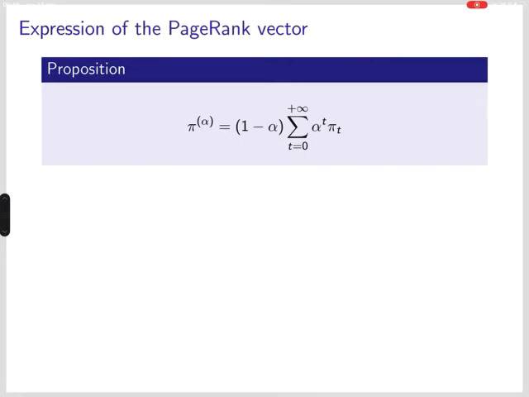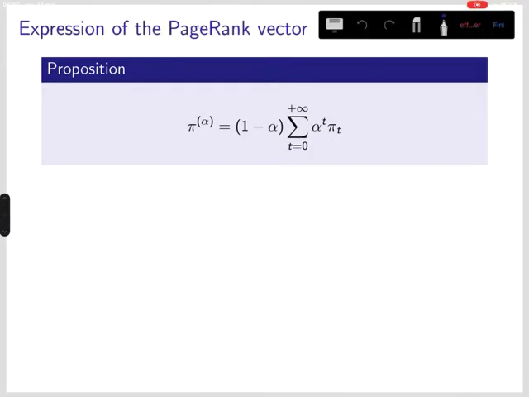So finally, there is an explicit expression of the Pagerank vector with respect to pi of t, which is the distribution of the Markov chain for a pure random walk, starting from a uniform distribution. So the initial distribution is uniform over 1/n, and you walk for t time steps, and you look at the distribution, call it pi of t.